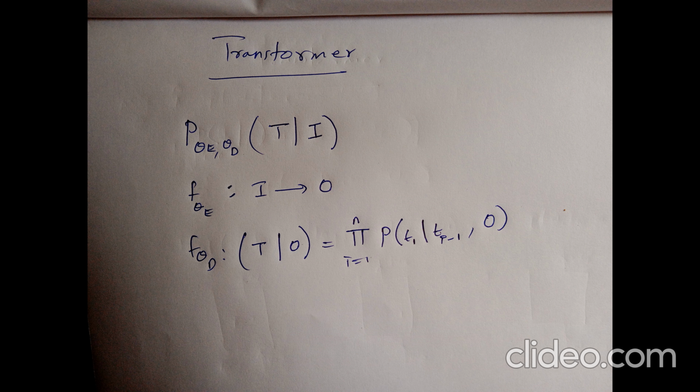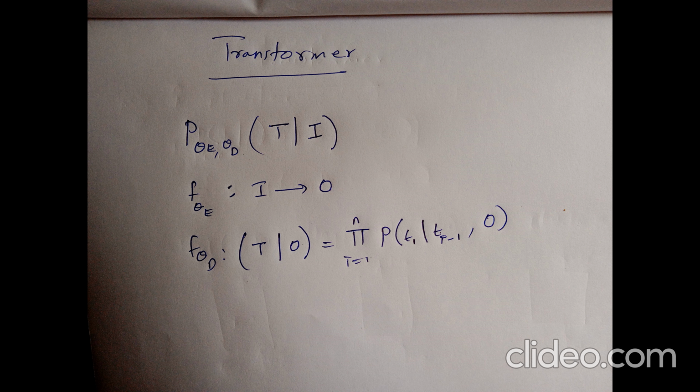The decoder is fundamentally a conditional distribution of a set of target tokens given the output tokens from the encoder, which can be represented as P of Ti given Ti minus 1 and O. O is the whole output of the encoder.